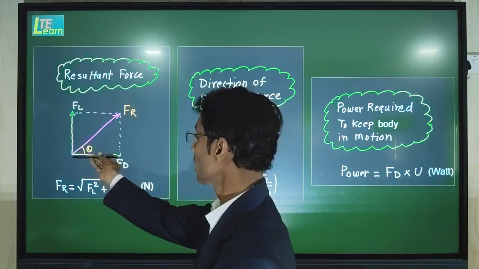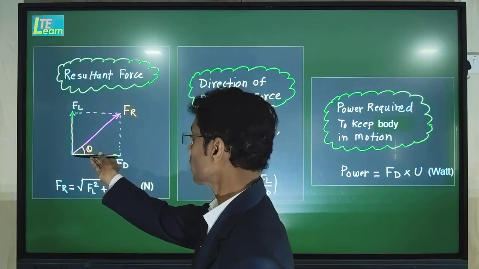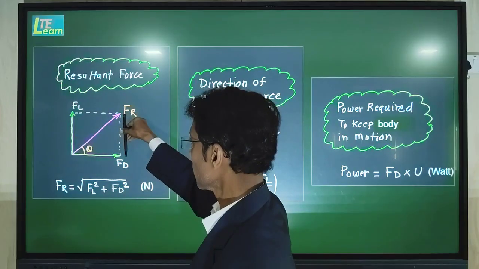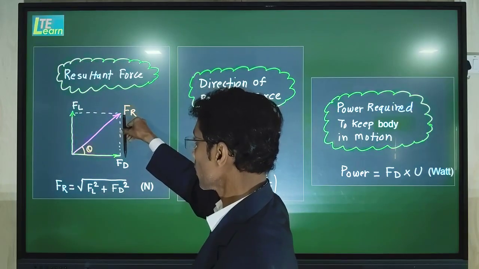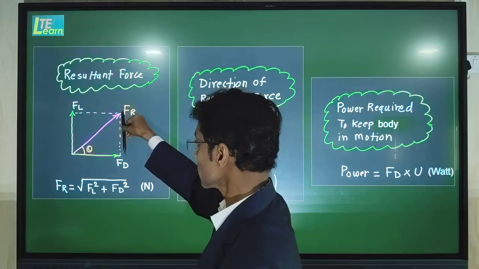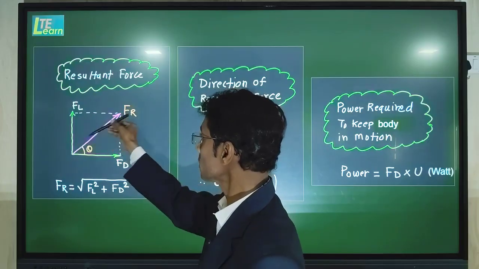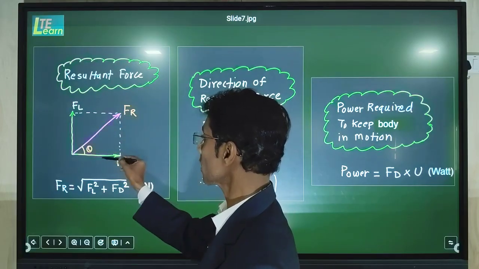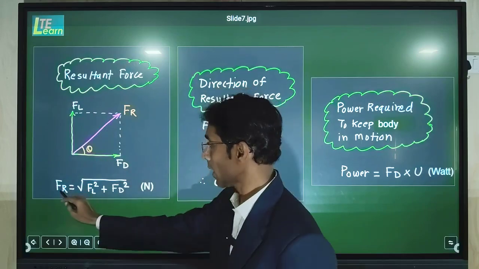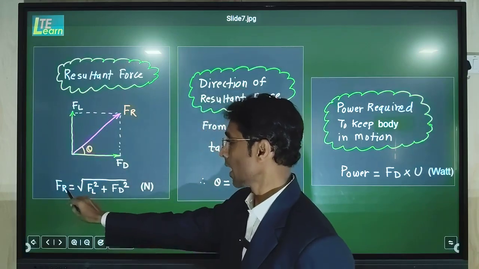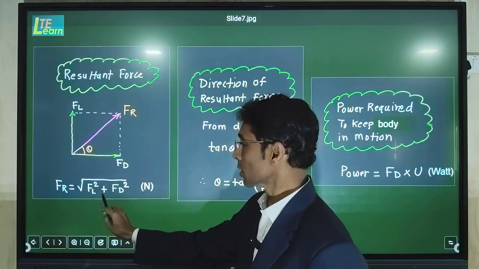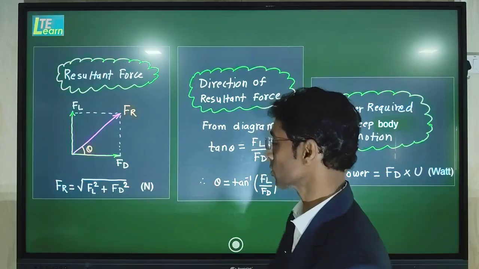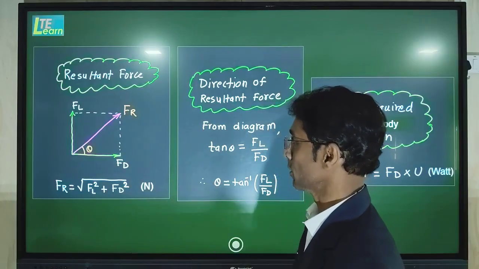This will be the drag force component which is horizontal, and this is the lift force FL. So by using the Pythagoras theorem, the hypotenuse representing the resultant force will be the square root of the sum of squares of these two forces. So FR equals the square root of FL square plus FD square. Resultant force is also taken in Newton.